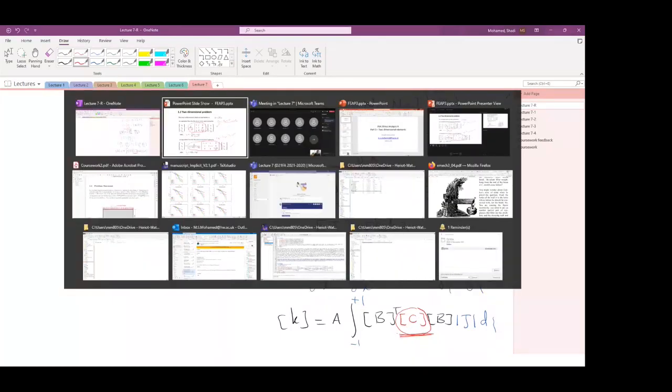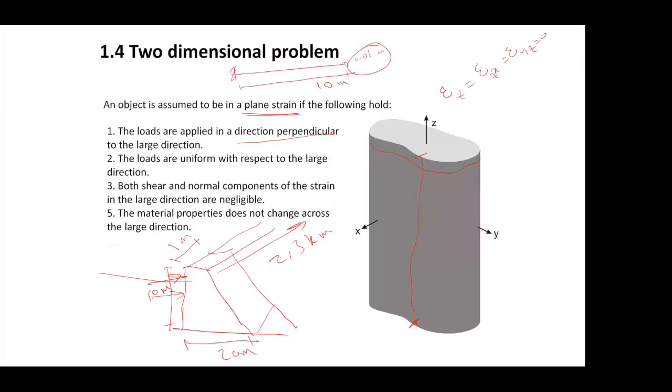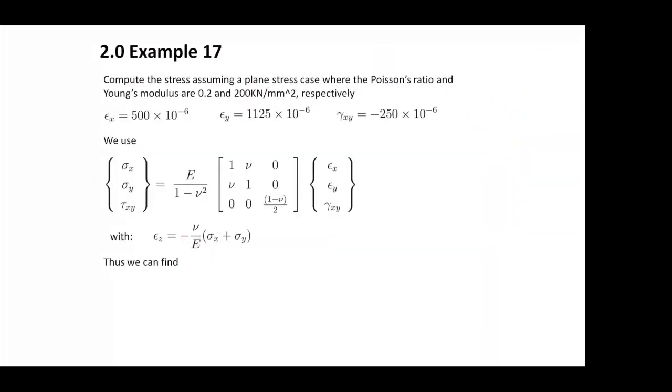Now, just as an exercise, just to get you practicing, I want you to try and use this constitutive relation. Again, just to digest the information. So we have the strains: epsilon x, epsilon y, and epsilon xy.